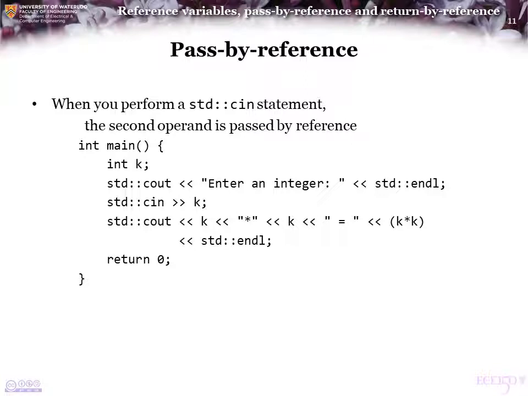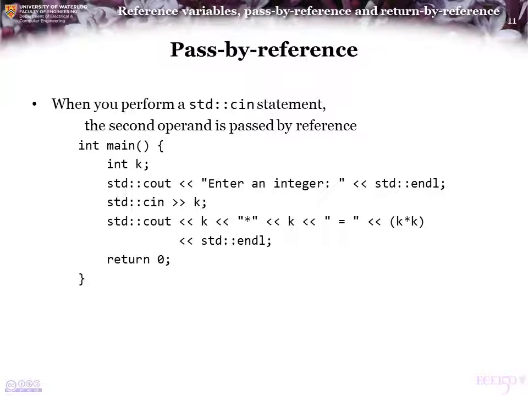Now, something you may have been wondering is, how does cin work? How does it assign a local variable whatever value the user entered at the keyboard? What actually happens here is that the second operand of the right shift operator, when the first operand is a cin object, is actually passed to an appropriate function by reference.